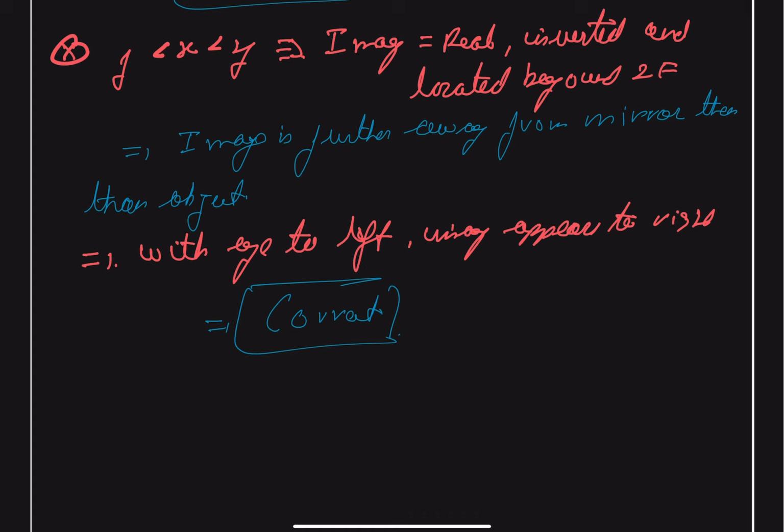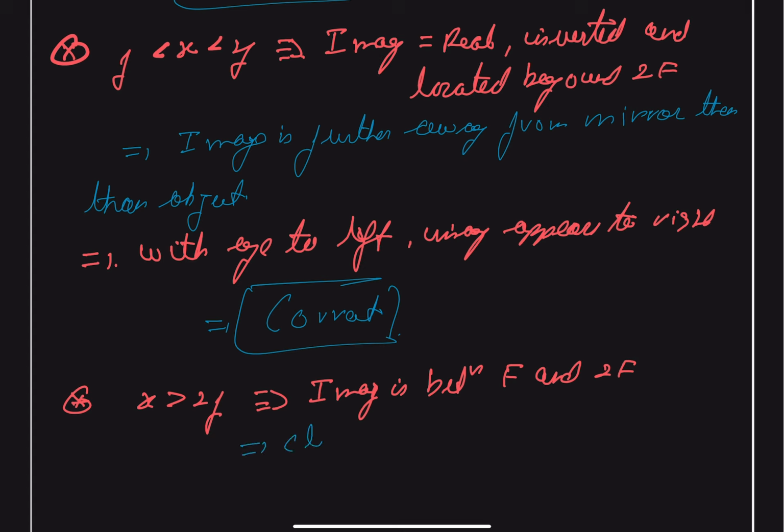And the last one is where x is greater than 2f, and because of this the image is formed between f and 2f, or we can say closer than the object.